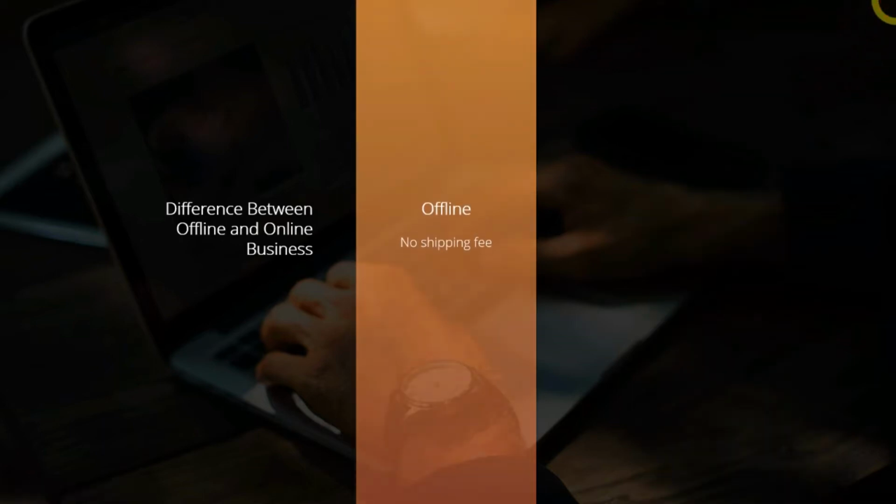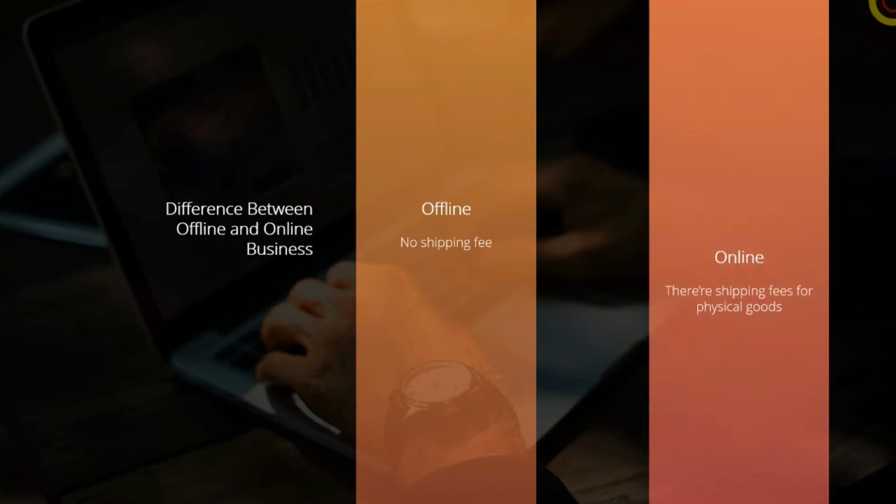And for offline, there's no shipping fee. You simply go to a shop and pick up your goods. However, for online, you have to remember that if you're selling anything online, you have to add shipping fees for the physical goods that you are selling. That's one of the disadvantages that online business has.